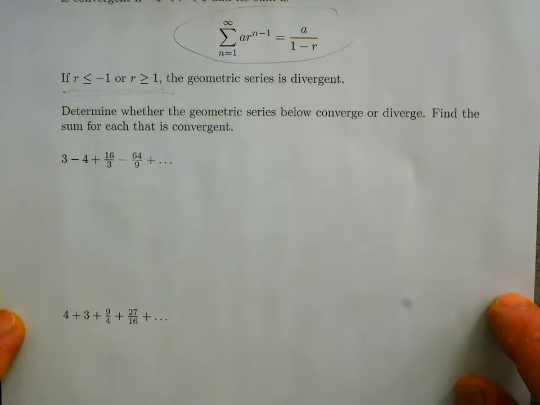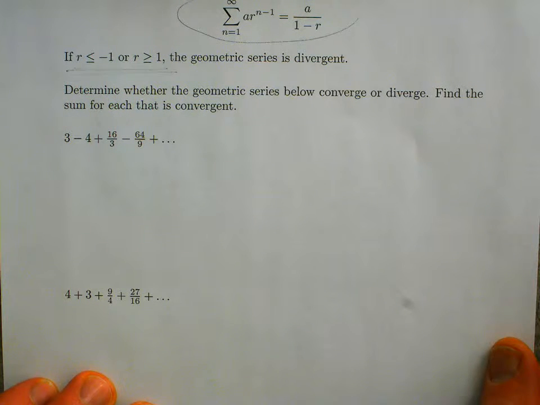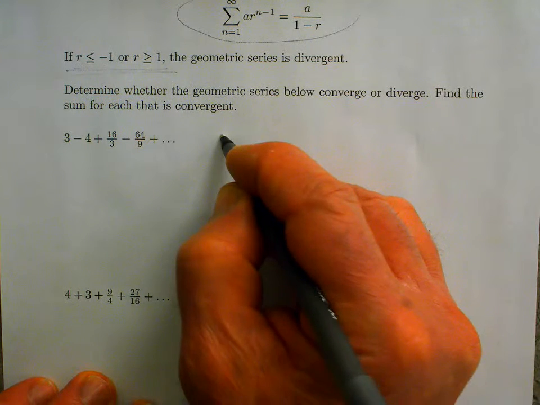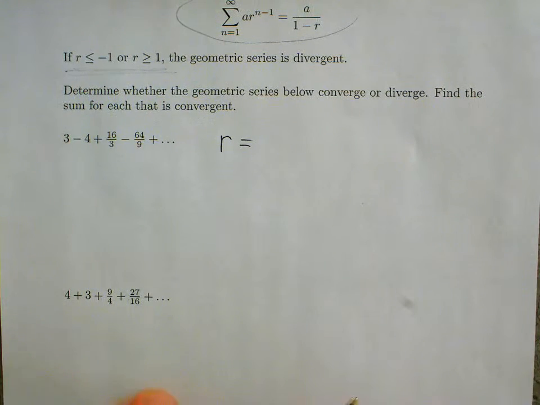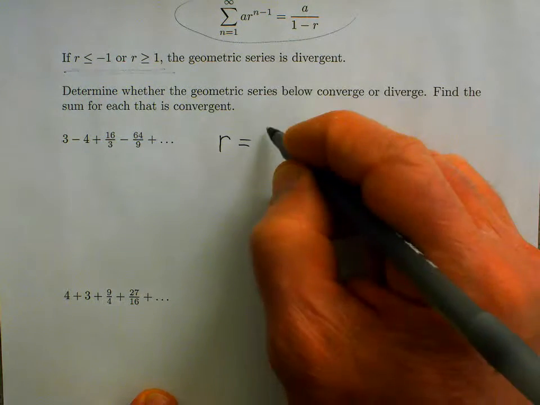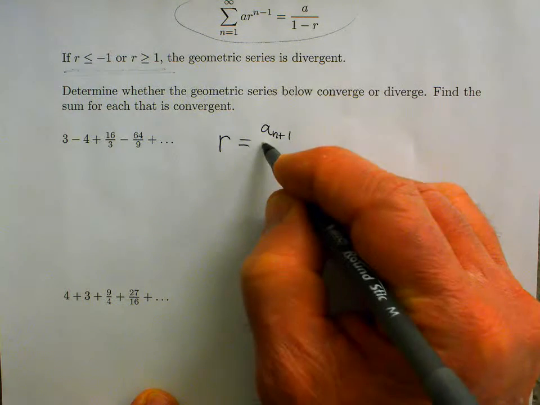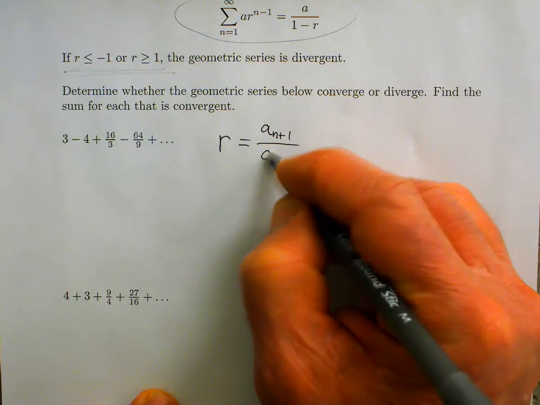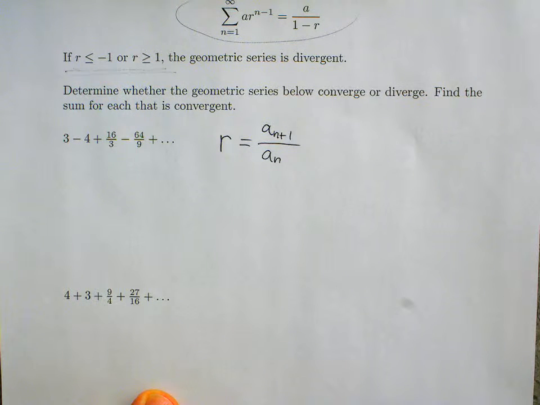Okay, the next two examples are of geometric series. So determine whether the geometric series below converge or diverge. Remember how to find the common ratio of a geometric series? So in general, if you divide the n plus first term by the nth term, that's the common ratio.